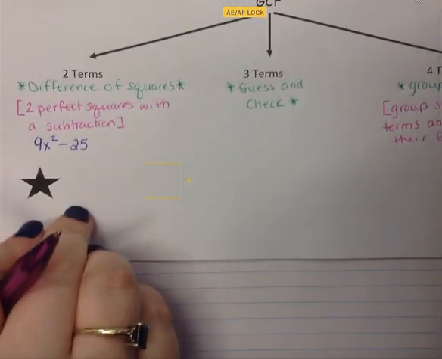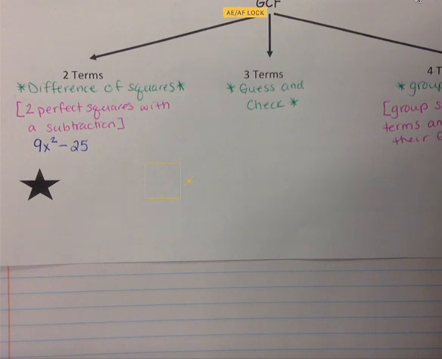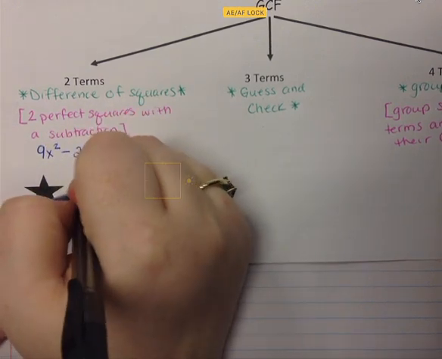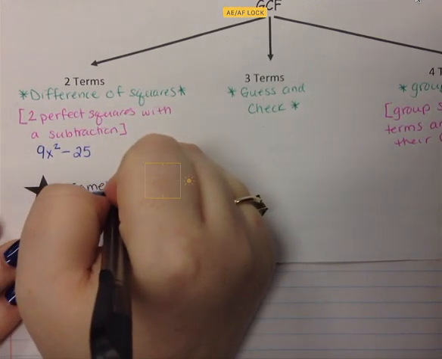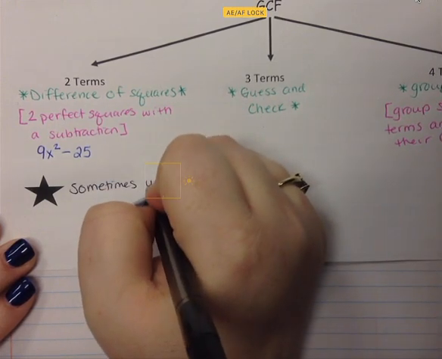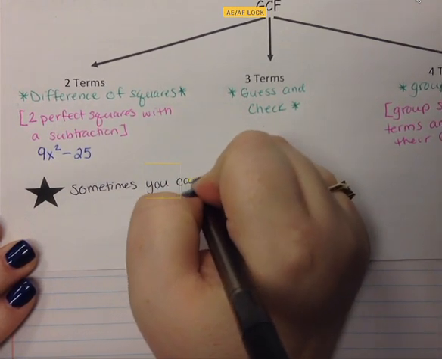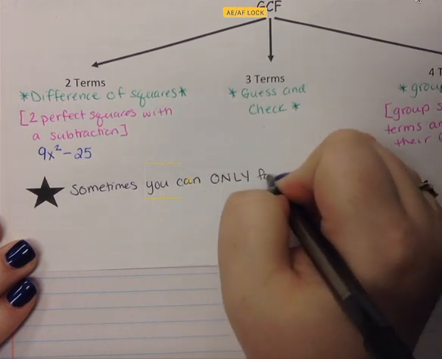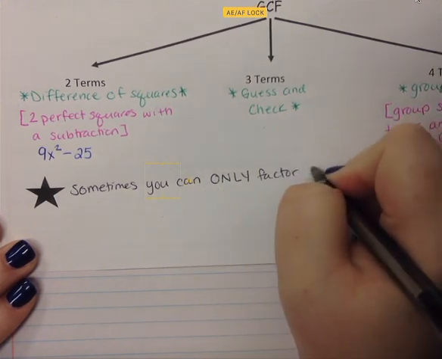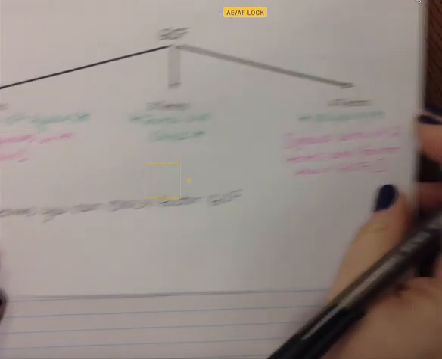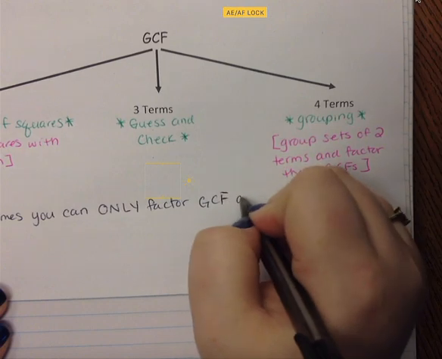So, some important information when you're factoring: sometimes you can only factor the GCF, and that's okay.